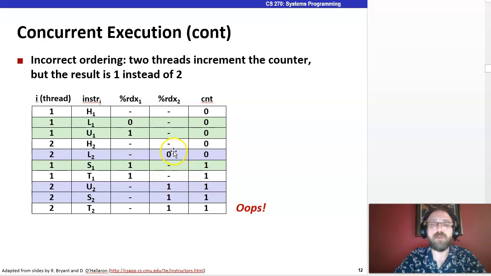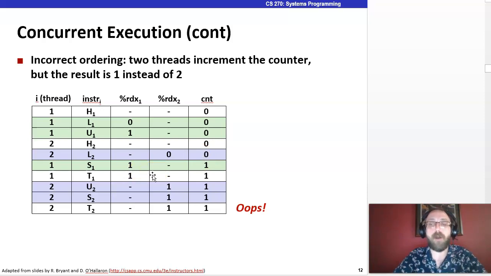Well, in thread 2, it just loaded the value 0 into its copy of RDX. It will increment that, giving the value 1, store that back in the count, storing the value 1, and then that thread finishes. So notice we did 2 increments, but we were incrementing 2 copies of 0 because the threads both loaded that variable before the first thread was able to store its value back.